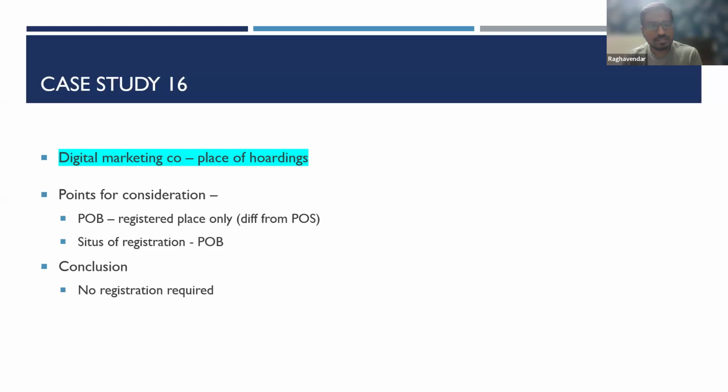If the recipient is registered, then it should be the recipient's place. Right. So just wondering why the word place of supply came from your mouth? That was only for distinction between place of business and place of supply. Correct. So is the place of supply MG Road, Karnataka, for the advertisement services?